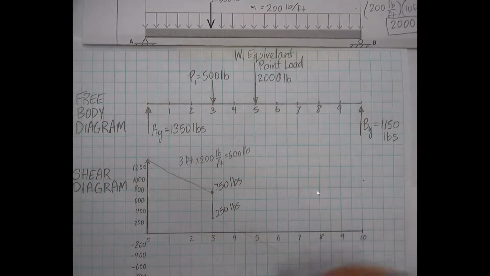Basically, this number should be the 250 that we're starting at minus 7 feet of a distributed load of 200 pounds per foot. It should work out to be right at that 1150.